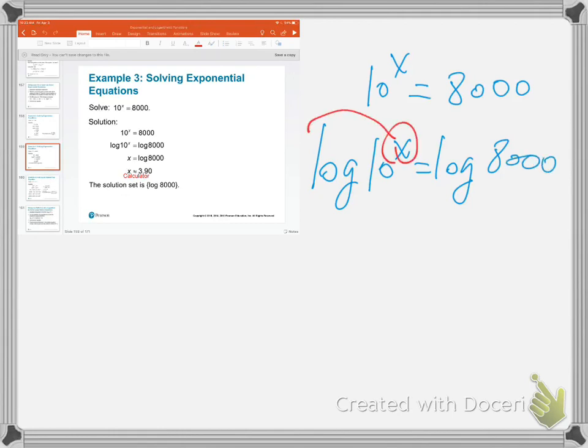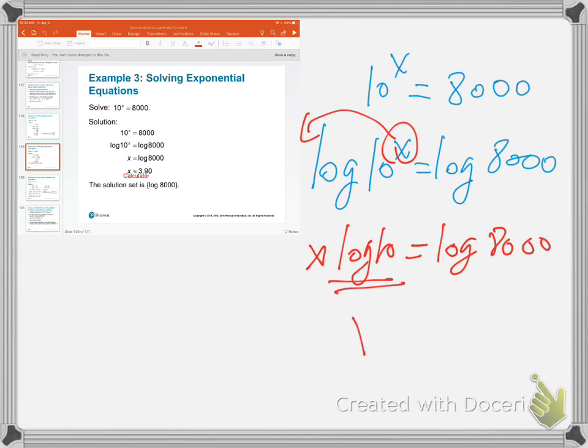We move x to the front, then we got x log 10 is log 8,000. So what's log 10? Log 10 is number 1, so we got x on the left. Right hand side, you use a calculator. The calculator gives us the number 3.9. So we get the answer, x is almost 3.9.